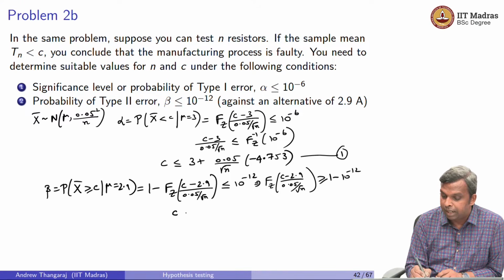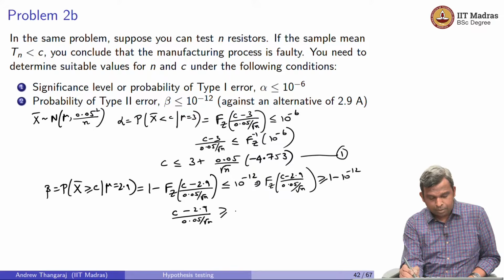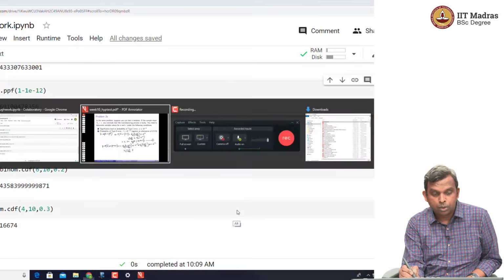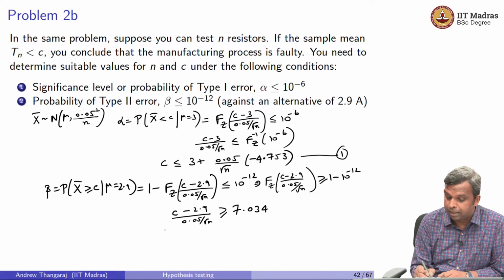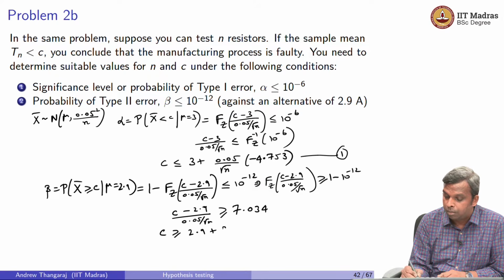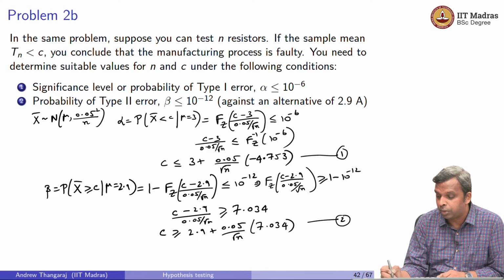So what you will get is (c minus 2.9) by (0.05 by root n), I just did the calculation for you, is greater than or equal to 7.034, okay? So this implies what? This is my second equation. C is greater than or equal to 2.9 plus 0.05 by root n times 7.034. So notice how neatly these two equations come about.